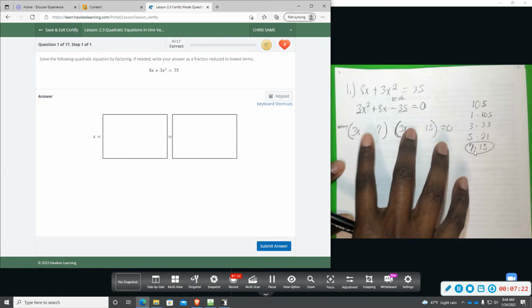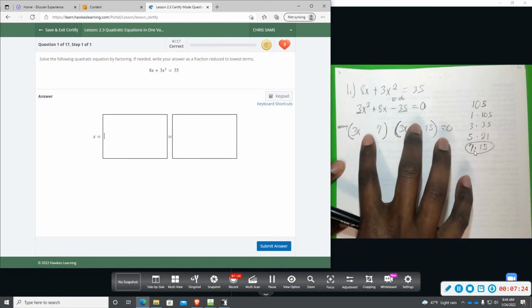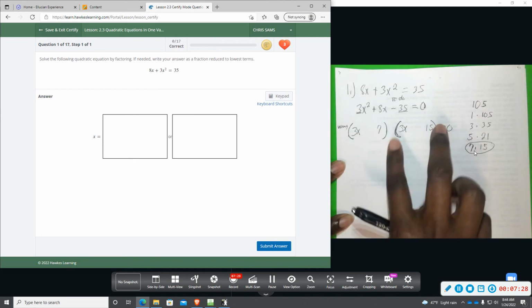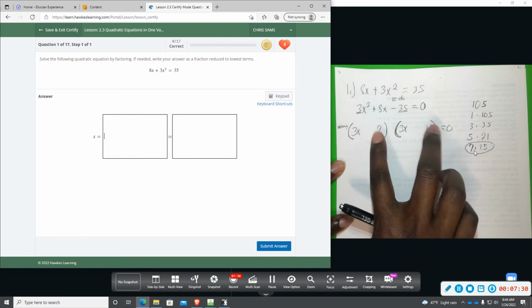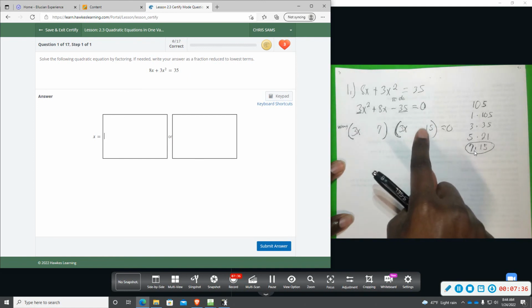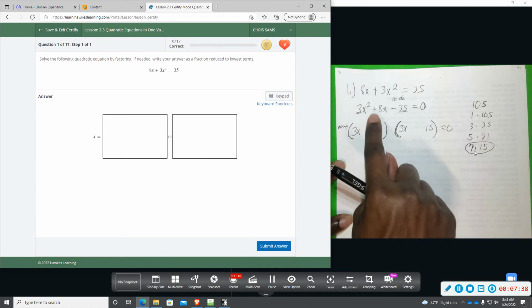From here, you need to figure out whether minus or positive goes here. You can use some math intuition: if you use 7 and 15, what do I have to do to make this equal positive 8? The 15 has to be positive. That's the bigger number, and you have to subtract the 7. But here's the way the process works. The first sign in your problem tells you the sign of the larger number.